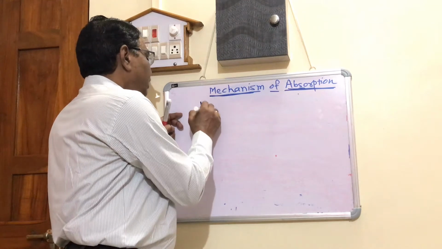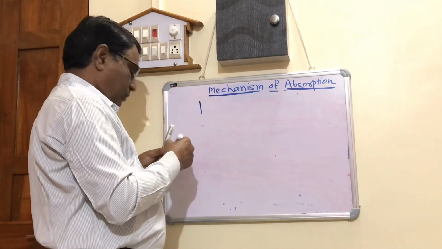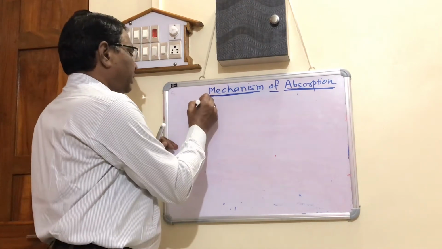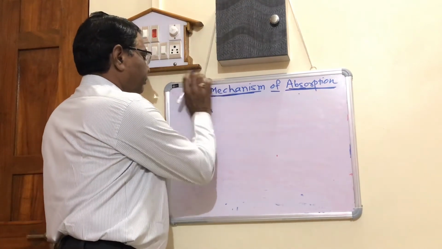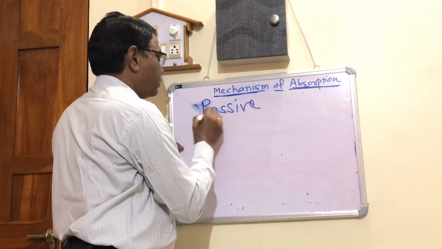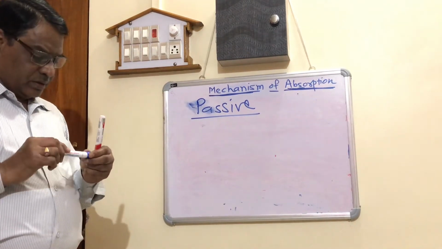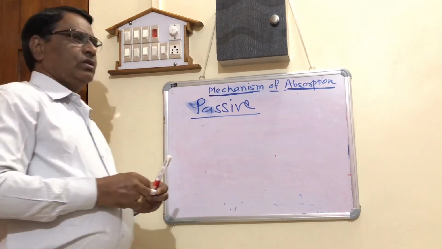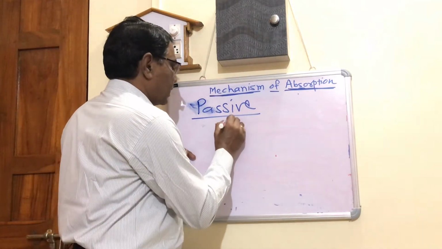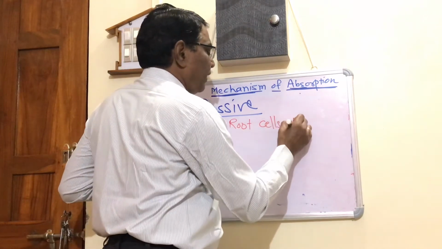Then the second method of water absorption, or second mechanism of water absorption, is passive absorption of water. Here in this mechanism of passive water absorption, root cells are always inactive.